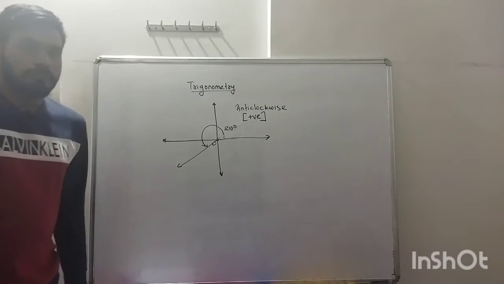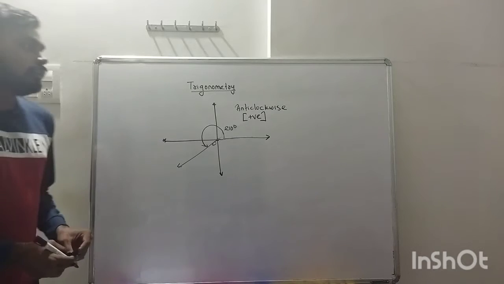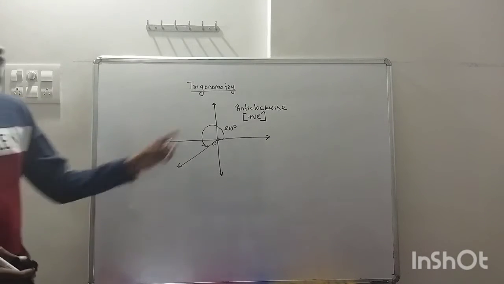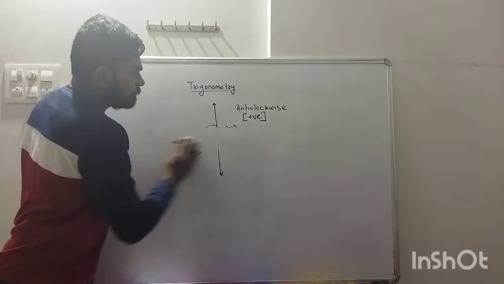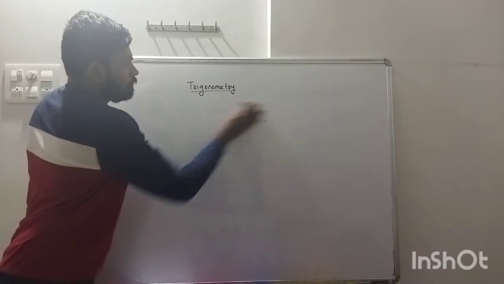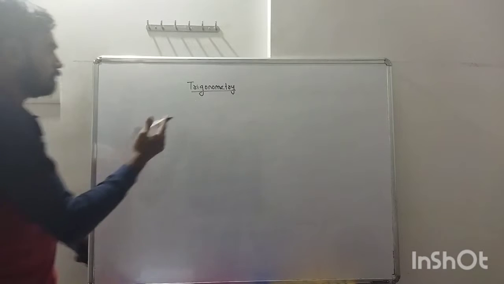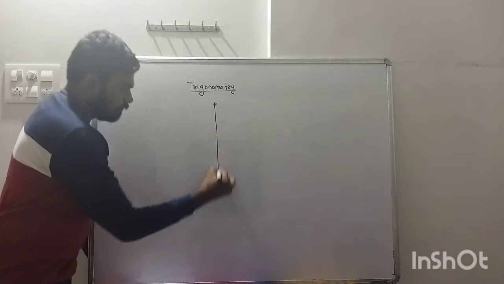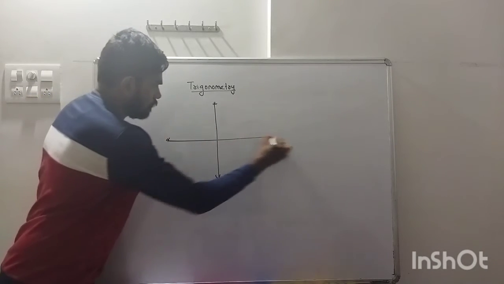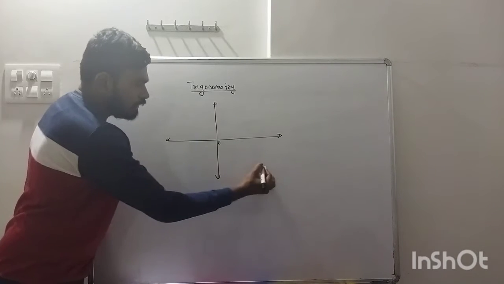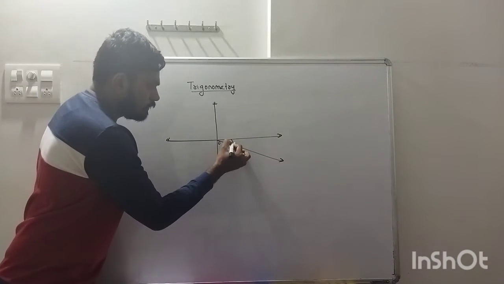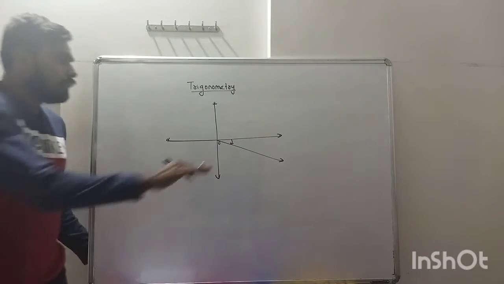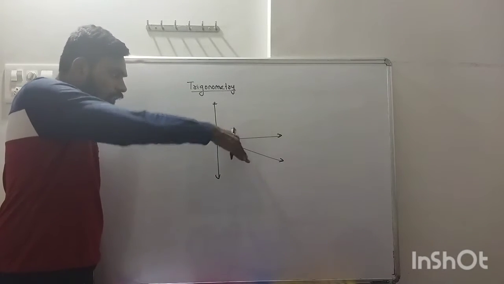Same way, there is one more type of rotation, which is called clockwise, this way. For example, I rotate it in this direction. From here I started and I rotated it like this.